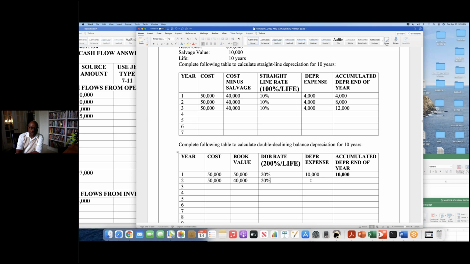So 20% of 40 is what? 8,000, right? So now our accumulated depreciation is 18,000. So we're depreciating the item much faster. Straight line, we're taking 4,000 a year. Double declining balance, we're taking 20% a year, and we're starting off with more. Eventually, we're going to have less.